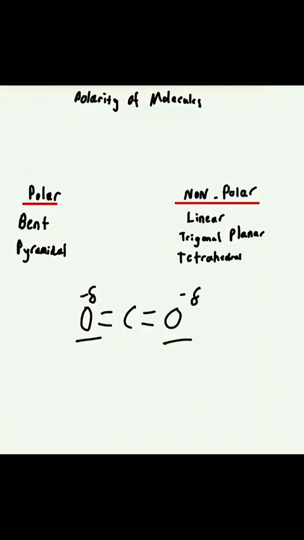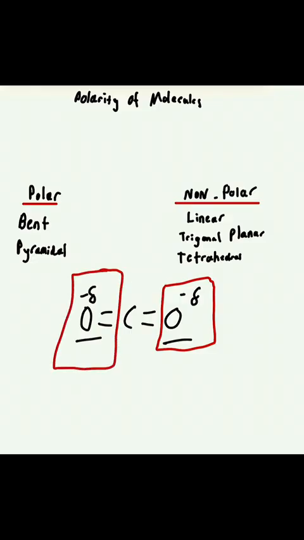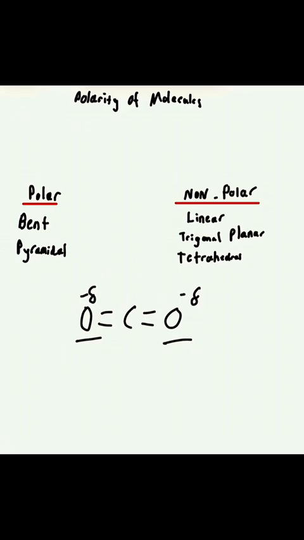So because there's two partially negative sides, there is not one specific region that is partially negative. There's one on both sides. They're the same magnitude. They'll both be the same negativity, but they're in opposite directions, so they cancel each other out, which means that overall, this molecule is neutral, or it has no dipole. So it's a non-polar molecule.